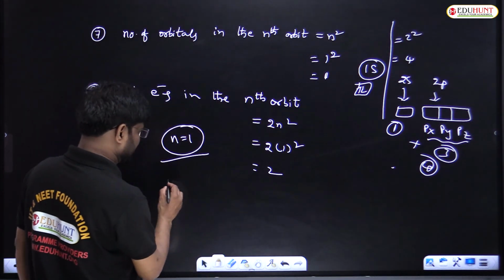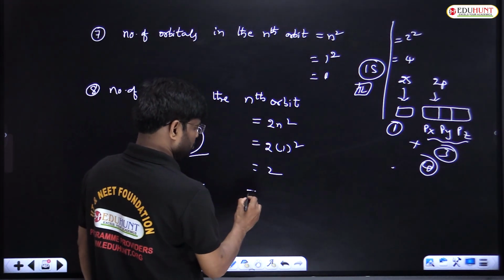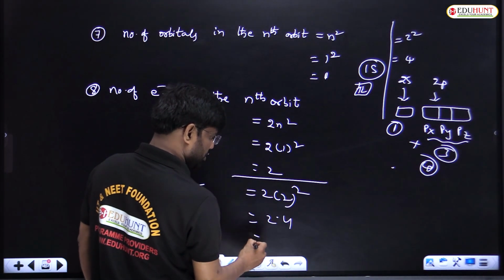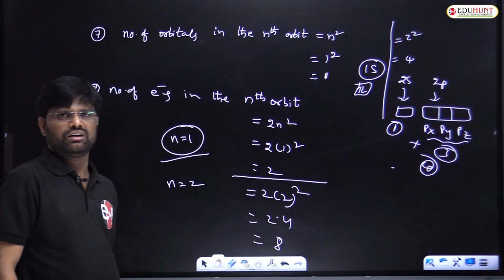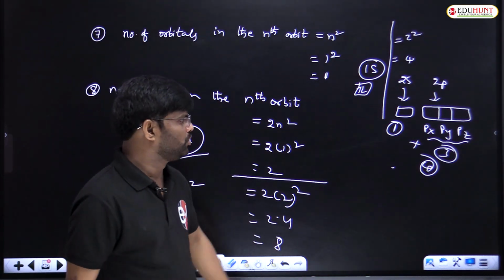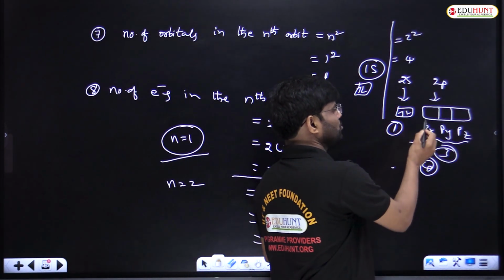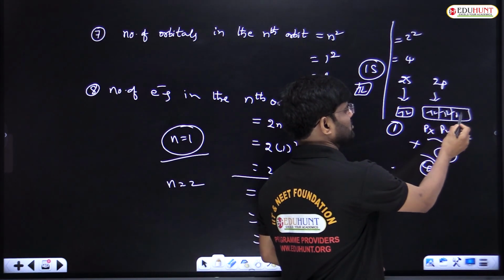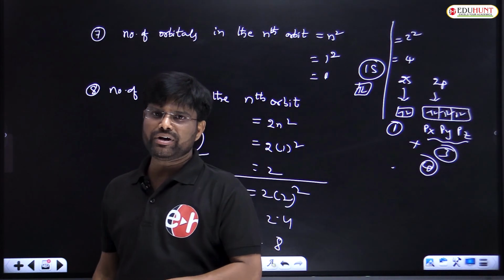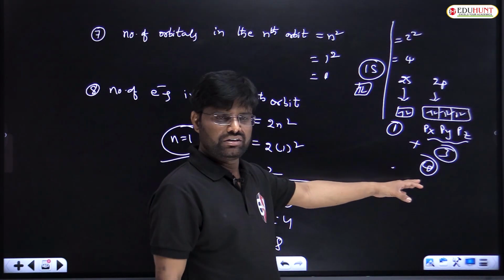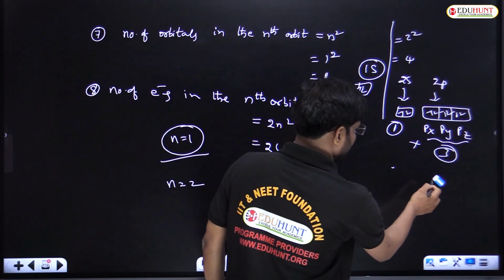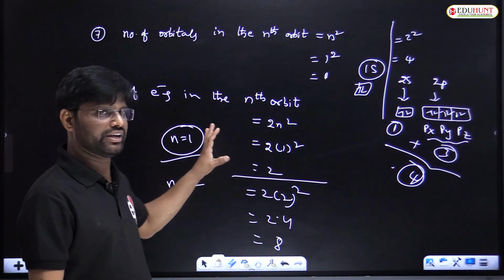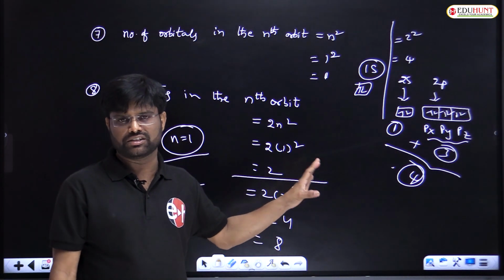Second orbit, n equal to 2: 2 into 2 square, 2 into 4, that is 8. You can fill 8 electrons: 2s holds 2 electrons and 2p holds 6 electrons. Total orbitals 4, electrons 8. Substitute like this and you will get the concept.